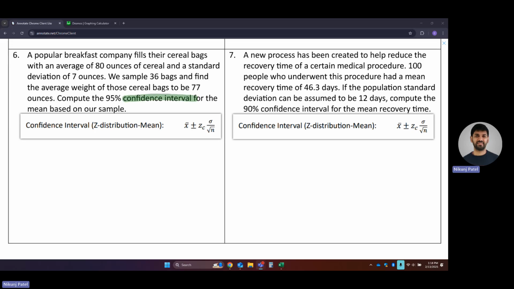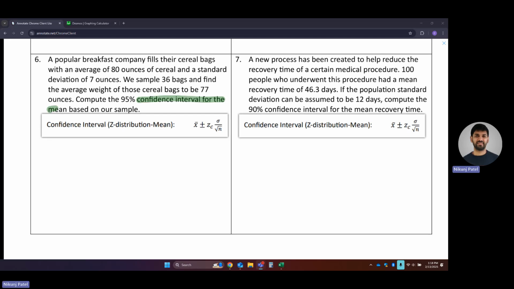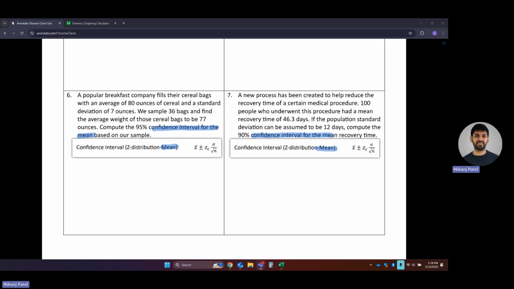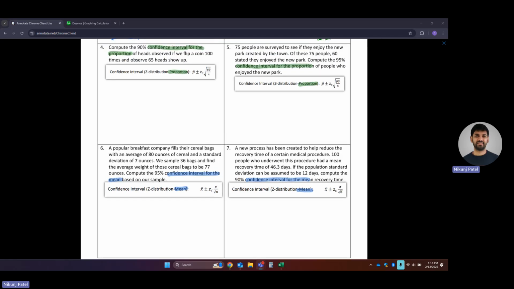These two say confidence interval for the mean. Let me use a different color for those. Confidence interval for the mean, and there's the word mean. So all 4 of these are confidence intervals, but the first 2 are proportions because they say the word proportion in the problem. The second 2 are for a mean because they say mean in the problem.